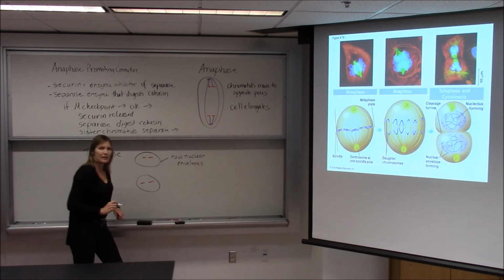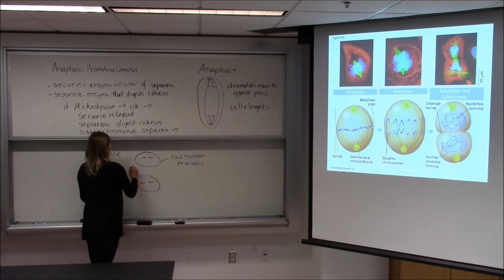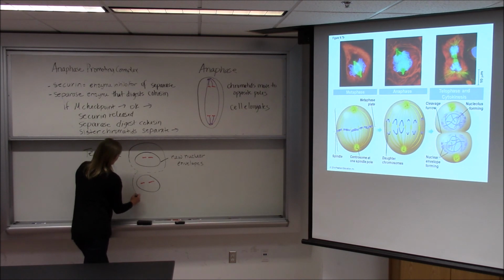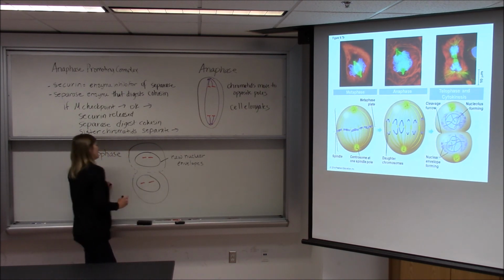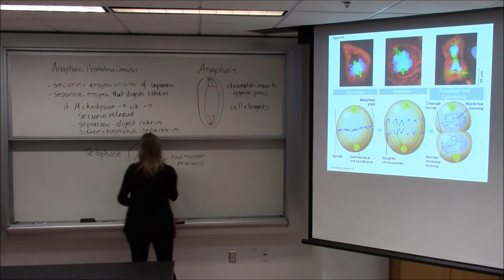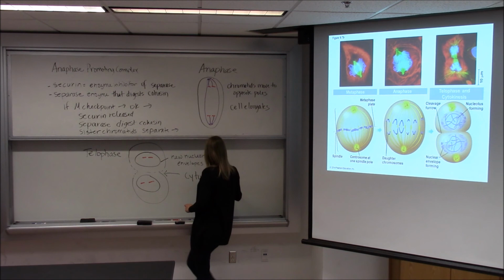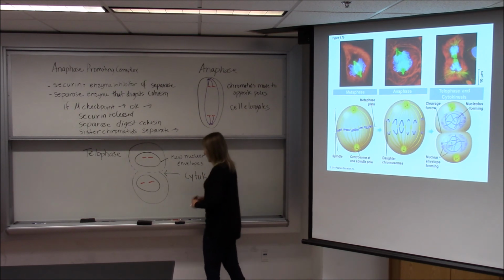And now we need to go through cytokinesis. We need to divide that cytoplasm to essentially divide that into two separate cells. How do we do that? It depends on if you're talking about a plant or an animal.